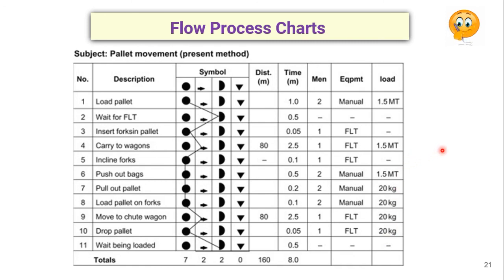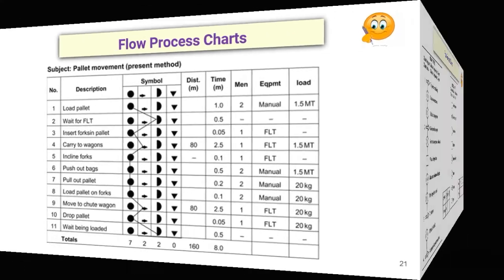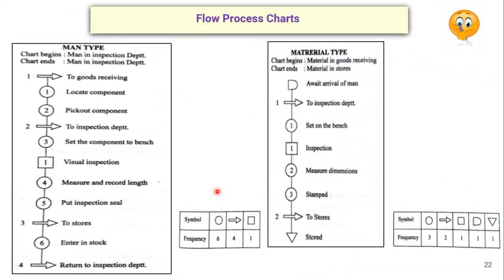Okay, in some books you will find the flow process chart shown like this also. Man type: chart begins, man in inspection department; chart ends, man in inspection department.